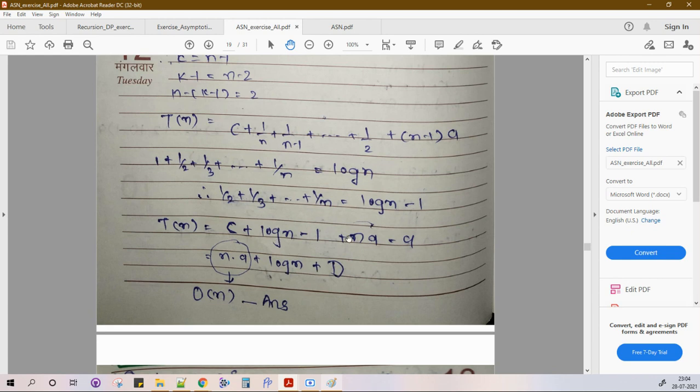Because log n is less than n. If you take n equal to, let's say, 1000, then log n is just 3 and n equals 1000. So n will grow asymptotically much faster than log n. So n is greater than log n in asymptotic order, so it is order of n.